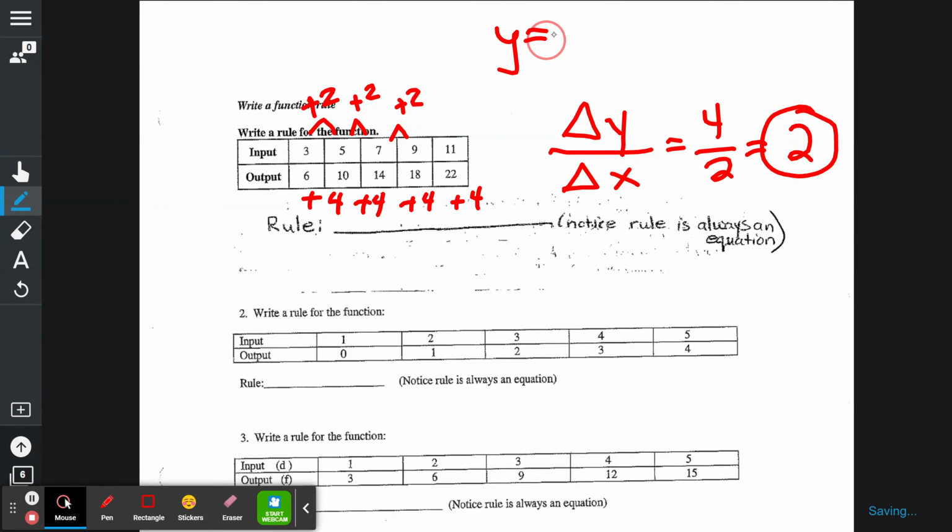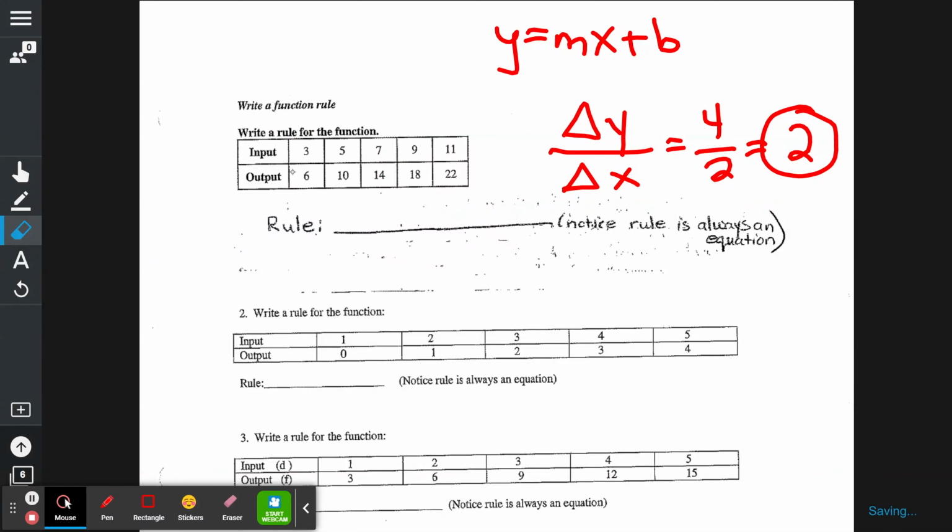We are going to write a rule that follows the slope-intercept form. Now, I've mentioned this form to you before. And when we solve for y, I've asked you to always try to put the x term first because we're trying to mimic that form. So this m, in this case, is 2.